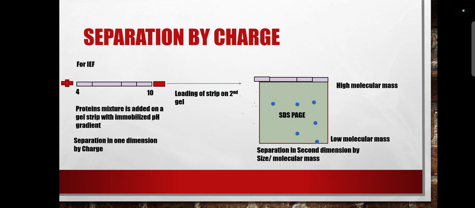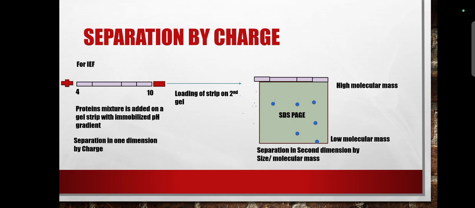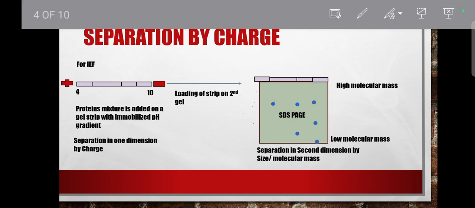It gets immobilized. So after the run is complete, it is loaded on a second gel, and here it is SDS-PAGE. So here you can see in this lane two bands, or two points, are there. It means at this particular pH two proteins got immobilized at this particular isoelectric point.